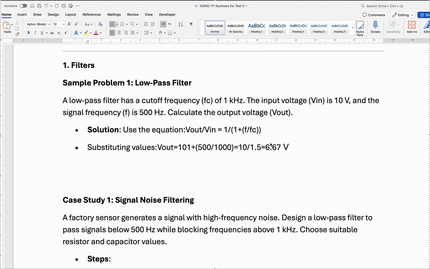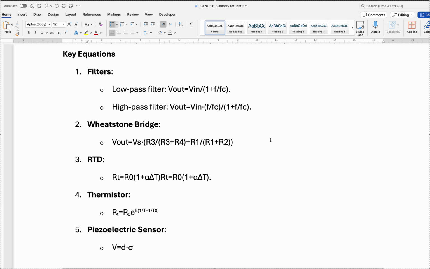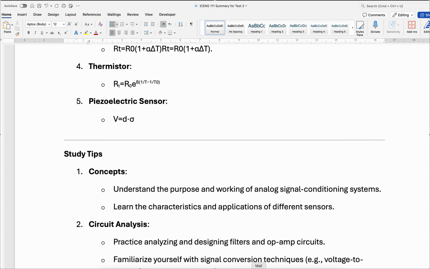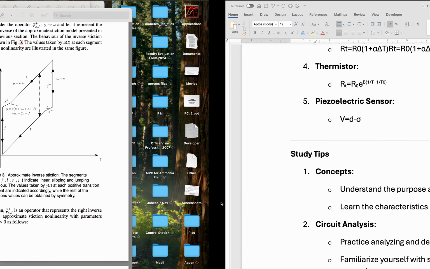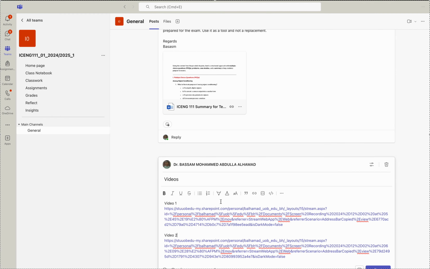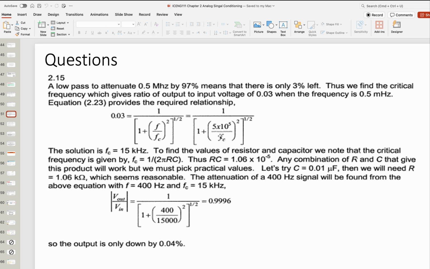I think I missed something here. It was to the power 0.5, the equation. I don't know why it was missed here, but I'll just show it to you. Okay, yes, it is. You can see 1 over F over Fc to the power 2, and then the whole thing to the power 0.5. So that is the correct equation, and we already solved this last time.